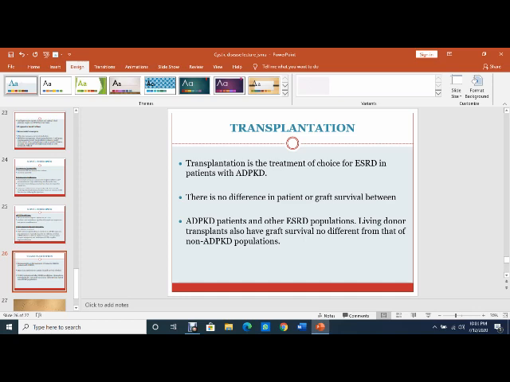There is no difference in patient or graft survival between autosomal dominant polycystic kidney patients and other end-stage renal disease populations. Living donor transplant graft survival is also no different from that of the non-autosomal dominant polycystic kidney population. If any patient has no donor, then obviously he or she requires maintenance hemodialysis.